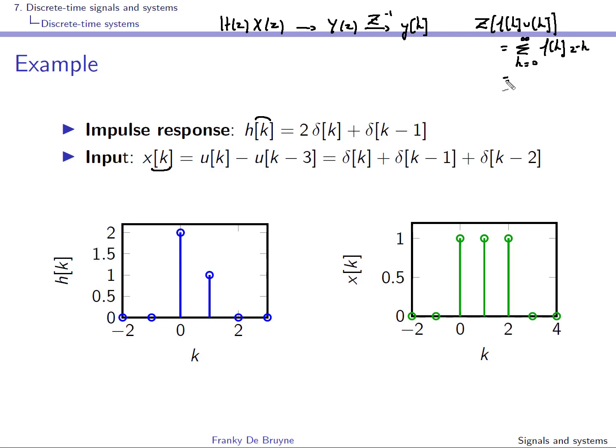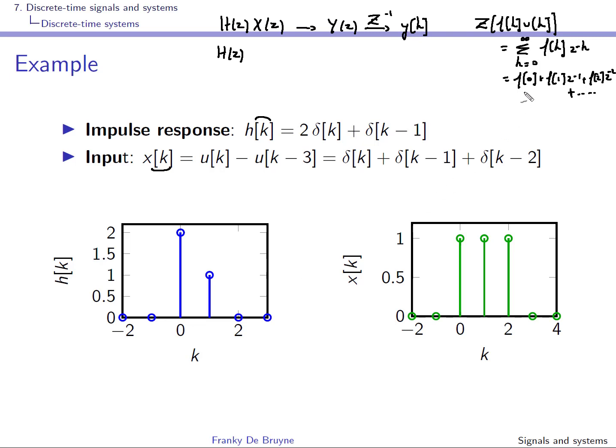So remember that we can write this as f0 plus f1 z^-1 plus f2 z^-2 plus, and of course you can continue. So if we look at this, we can easily compute the transfer function of the system. It's the z transform of the impulse response.